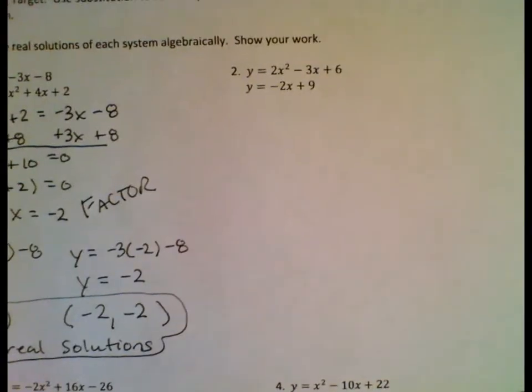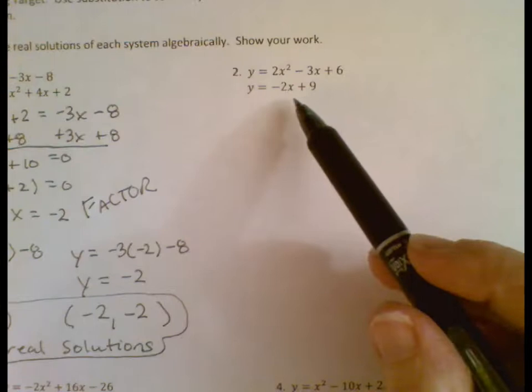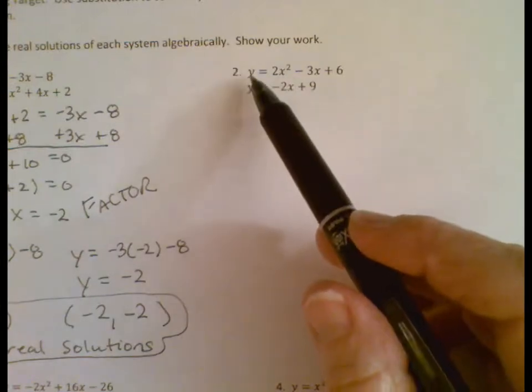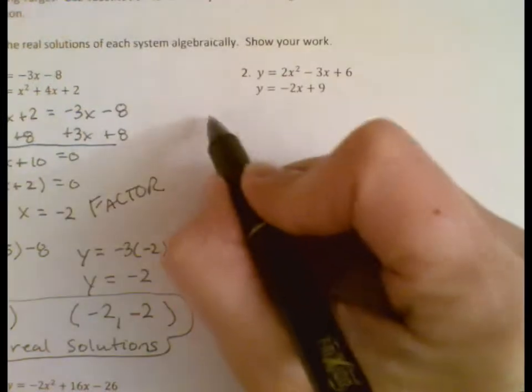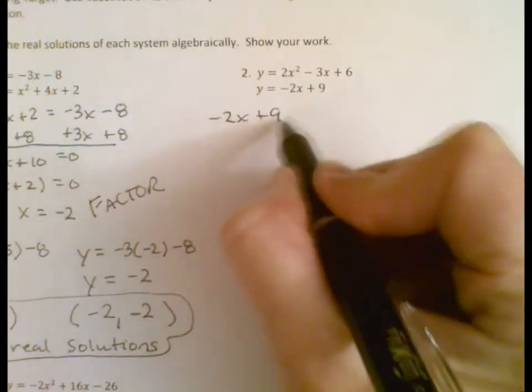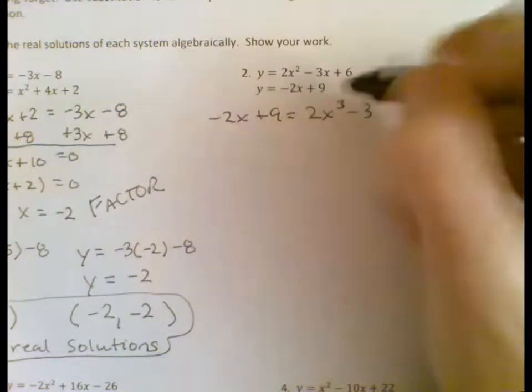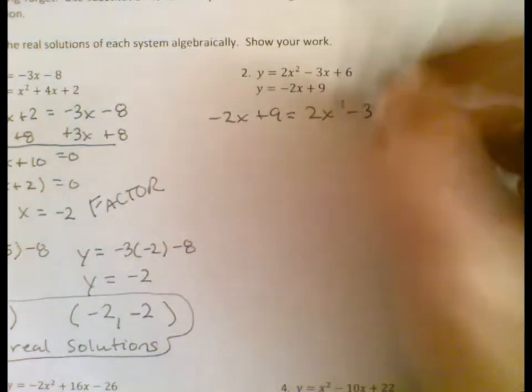Okay, let's keep moving. This one here, I'm going to do the same exact thing. I'm going to take the -2x plus 9. I'm going to replace it where the y is on the first equation. Oops, not a cubed.